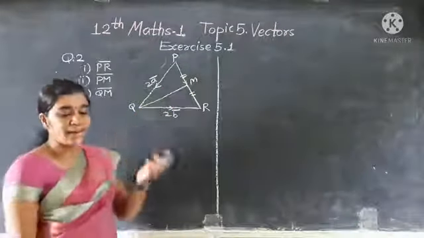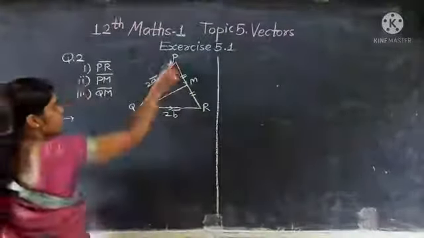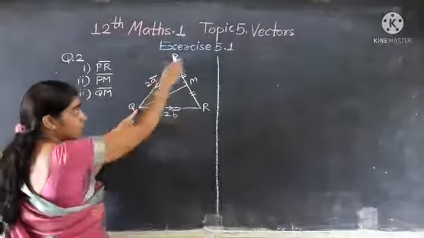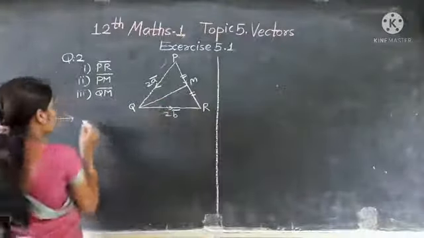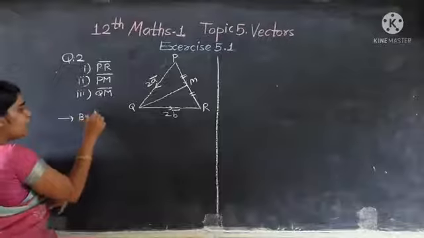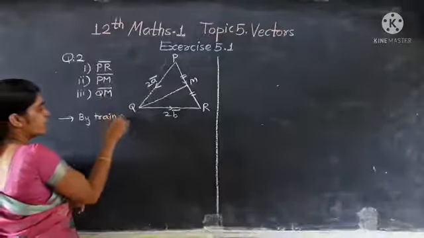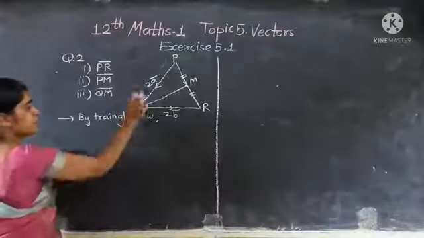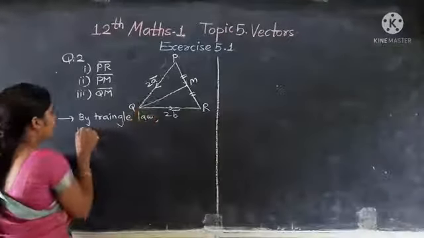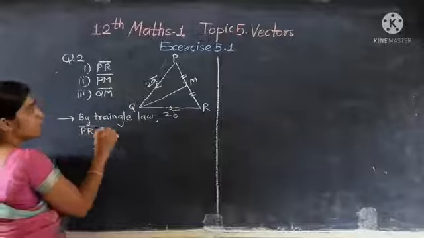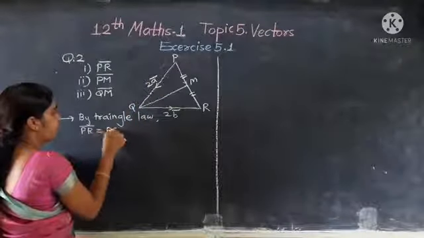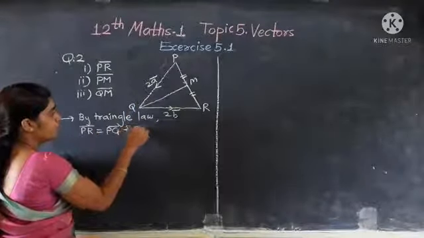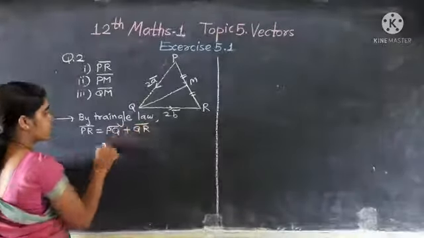By the triangle law of addition of vectors, PQ bar plus QR bar is equal to PR bar. You can write PR bar is equal to PQ bar plus QR bar.